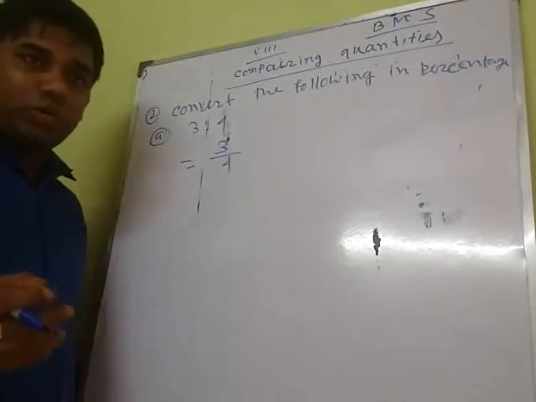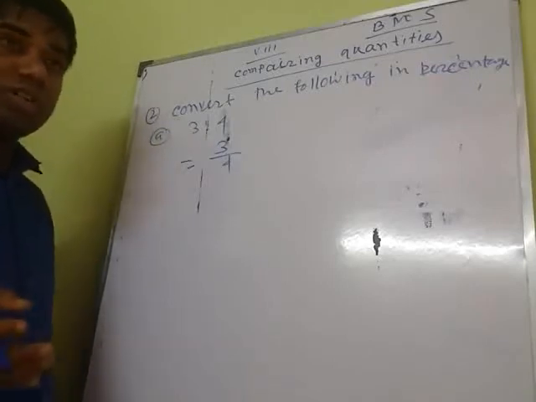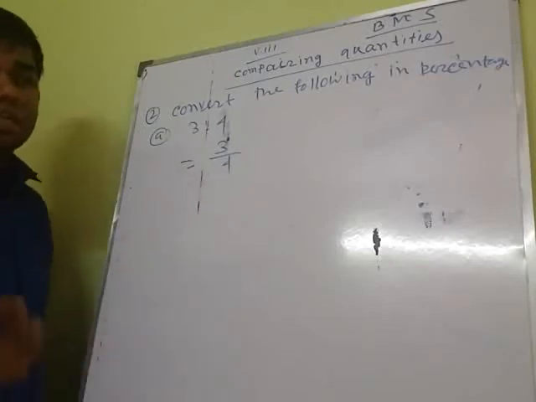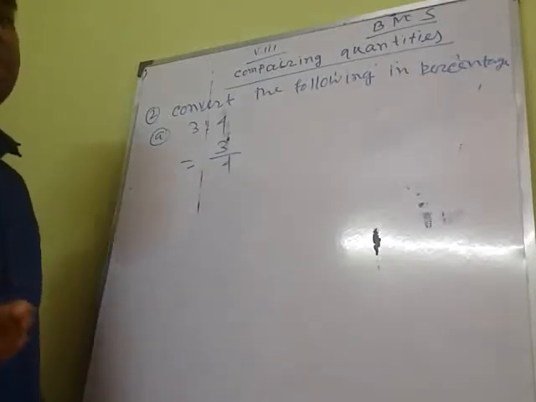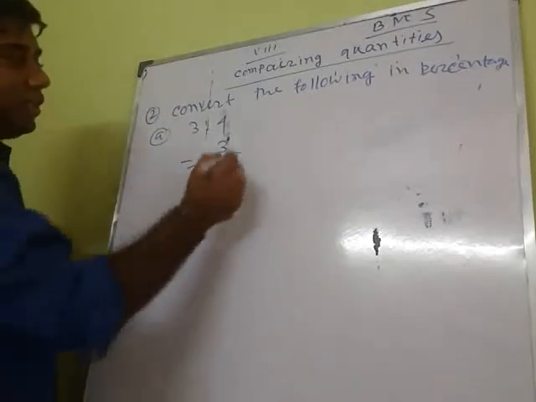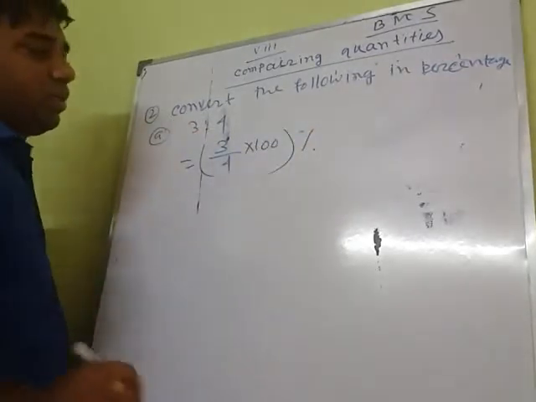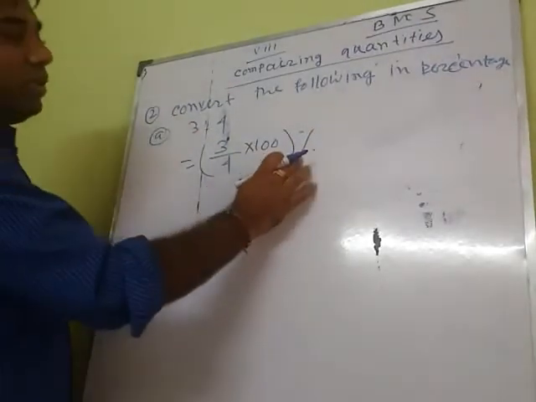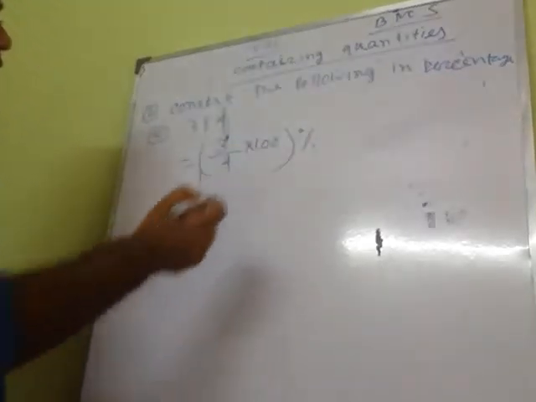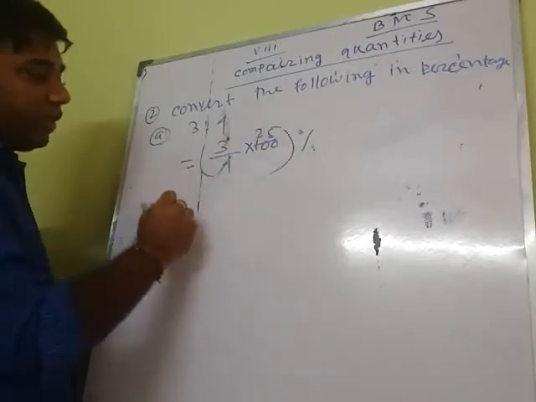In class 7 we have learned how to convert a fraction into a percentage. One rule is there: to convert a fraction to a percentage, just multiply by 100, and you must give a bracket and then a percentage sign. So 3/4 into 100 is 3 into 25, that is 75%.